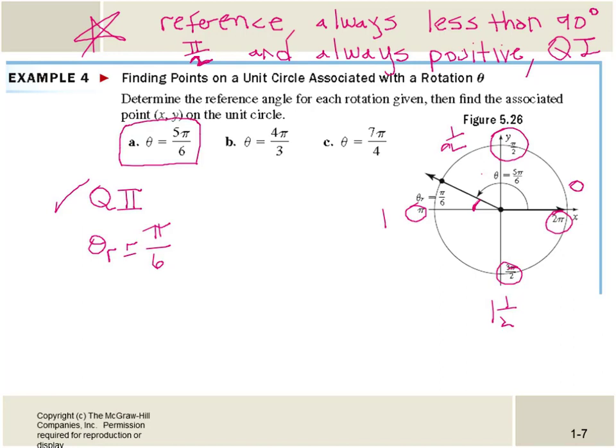Okay? So now we have, if this is 5 pi over 6, and we know that all the way to this point here is pi, well, isn't it pi minus 5 pi over 6? Yeah, which is pi over 6. So pi minus 5 pi over 6.